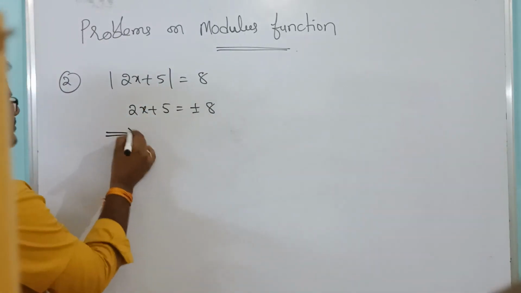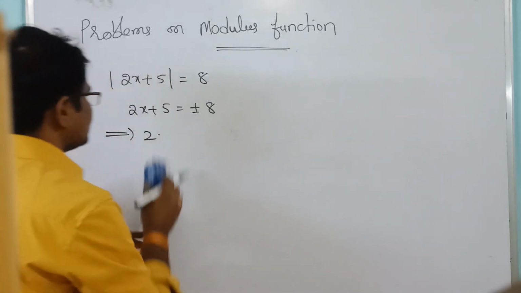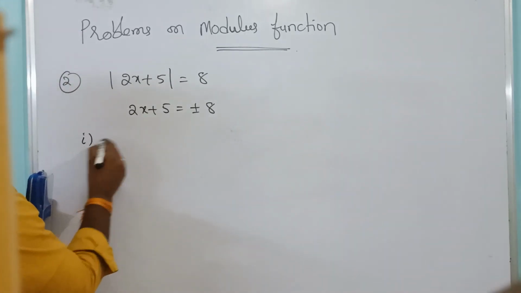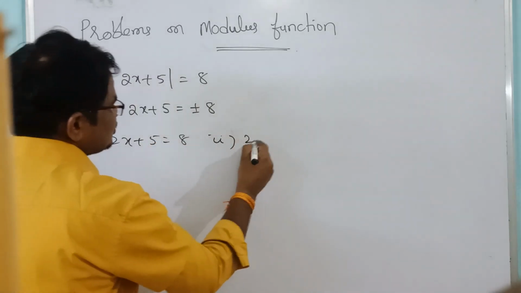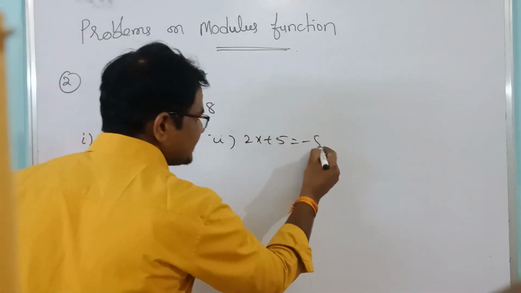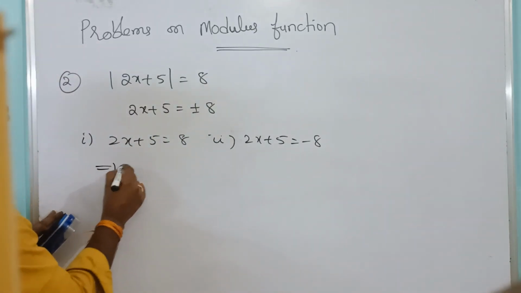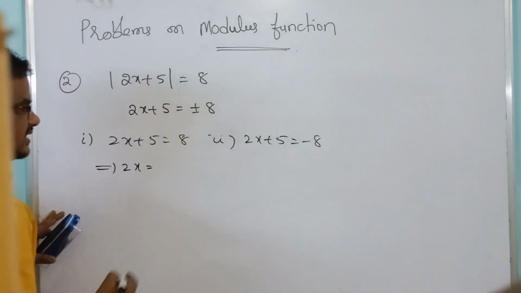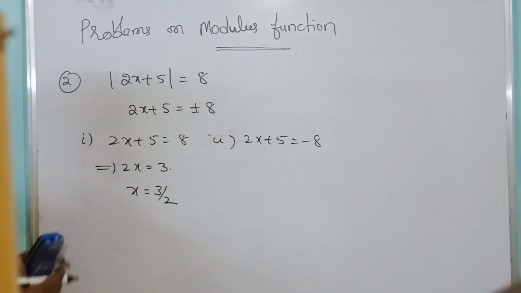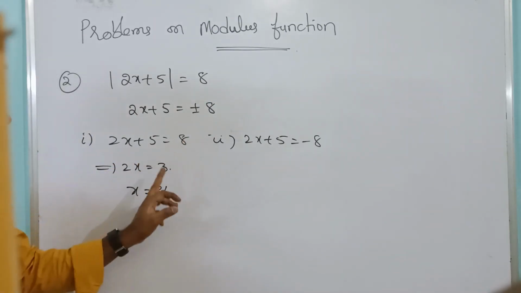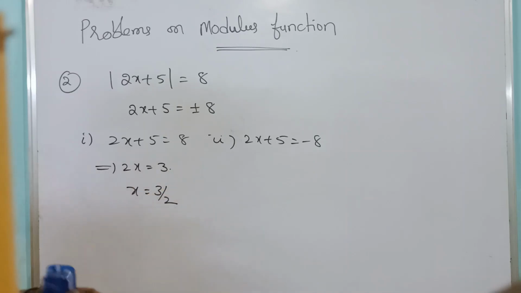Now simplify, taking two cases. First case is 2x plus 5 equals 8, and the second is 2x plus 5 equals minus 8. That implies 2x equals 8 minus 5, which is 3, so x equals 3 by 2.